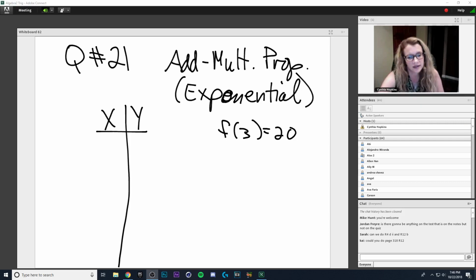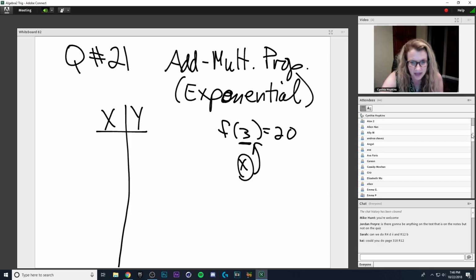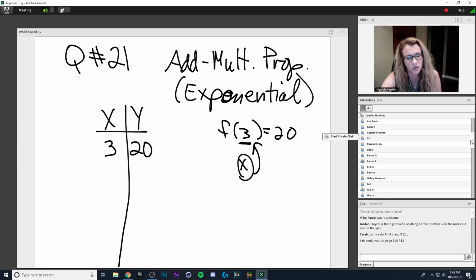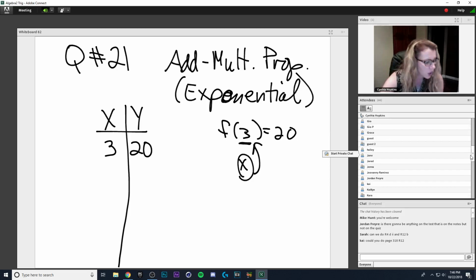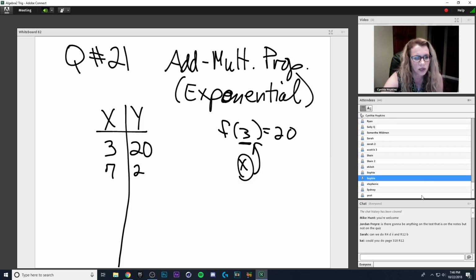This is great. Okay, so if I say F of X, right? Look at this, F of 3 equals 20. I just said F of X, so doesn't my X have to be 3? So please don't put 20 comma 3 when it's 3 comma 20. Okay, you've got to know which one is your X and which one is your Y. Okay, then they told you that F of 7 is equal to 24, so that gives me the point 7, 24.